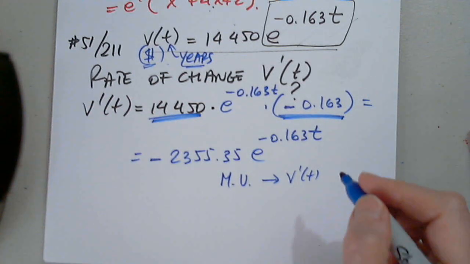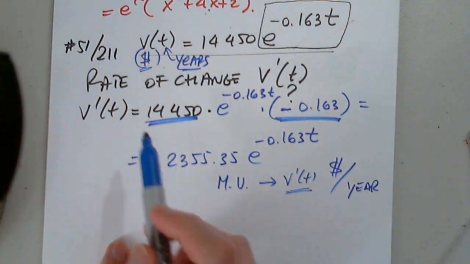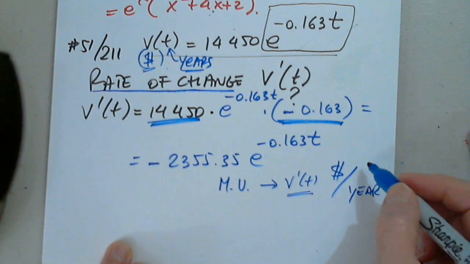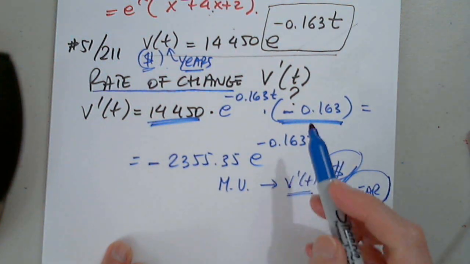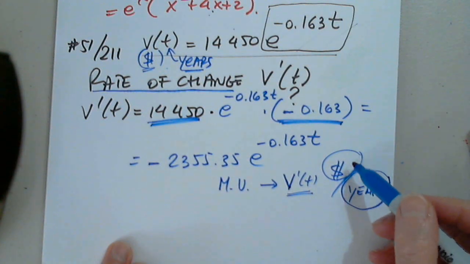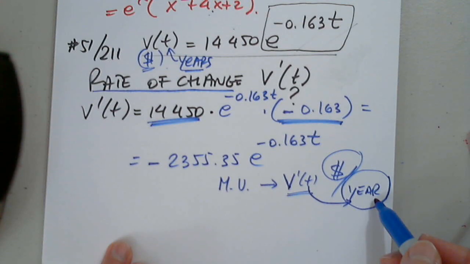Dollars per year. Very good. Dollars per year. It's a rate of change. It has to have two measurement units: one coming from the function at the top, and the other one coming from the independent variable in the denominator.